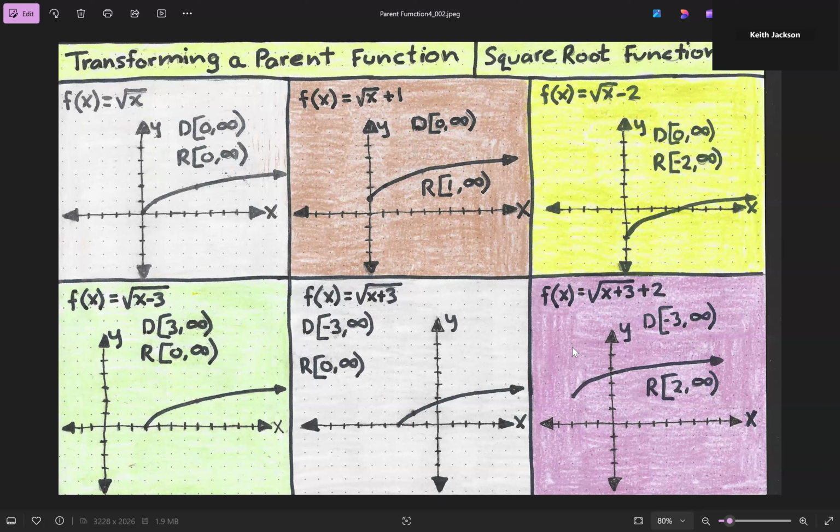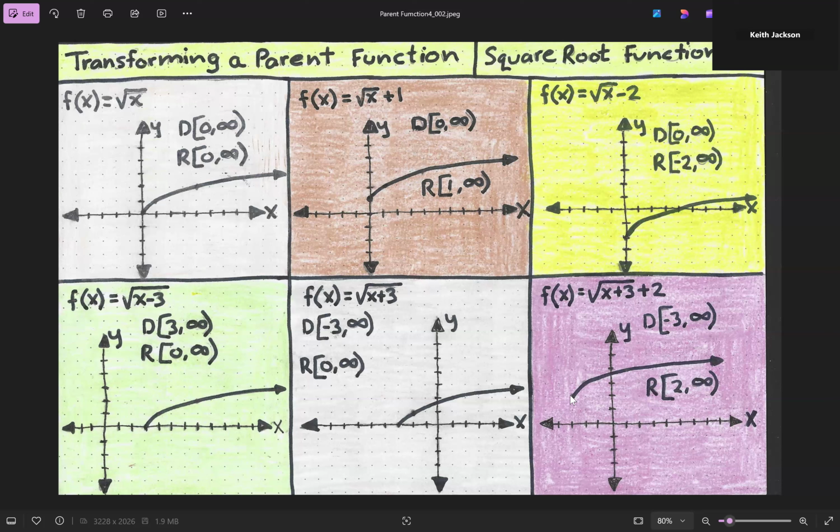Then let's further transform this one, in which we have f(x) = √(x + 3) + 2, keeping in mind that 2 is our k value, and it's going to cause it to move up or down. Because we have x + 3 inside the radical, we're going to move it back 3 places, and then we're going to move it up 2.